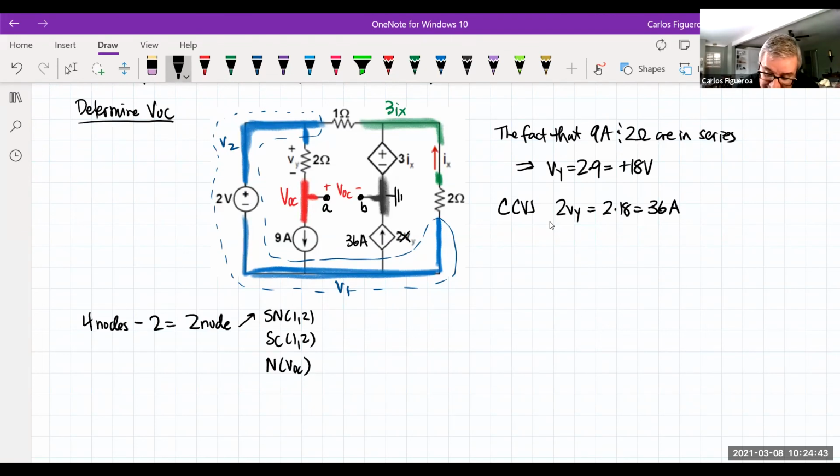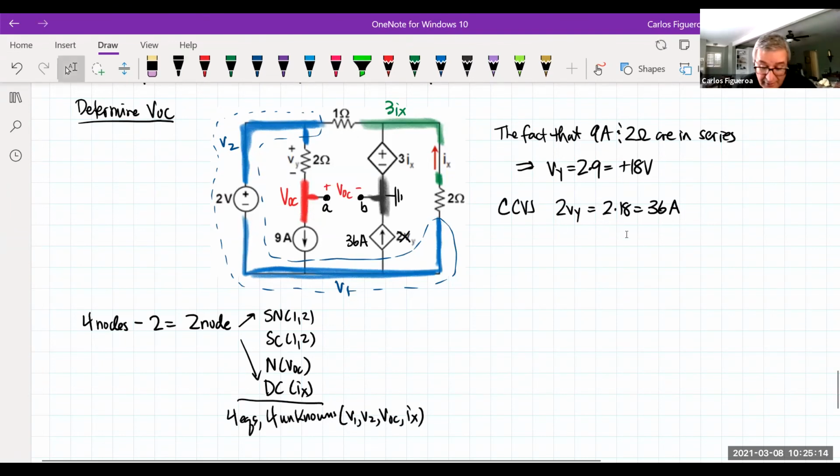And then I need a DC for IX. And I think that's it, right? Let me double check here. So this means I have 4 equations, 4 unknowns. So my matrix should be V1, V2, VOC, IX. So let's go set that up.